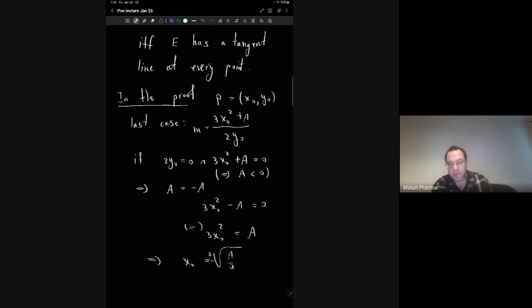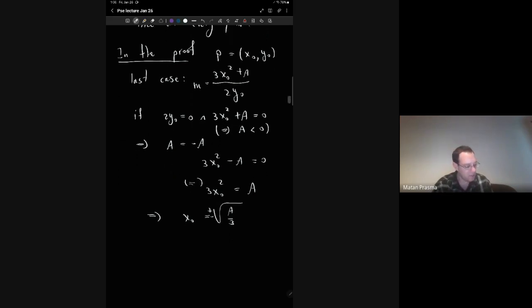And then I substitute it in the equation, and I find out that this implies, in fact is equivalent to, delta of E being 0. And this completes the proof. It shows that this last case cannot happen in an elliptic curve.